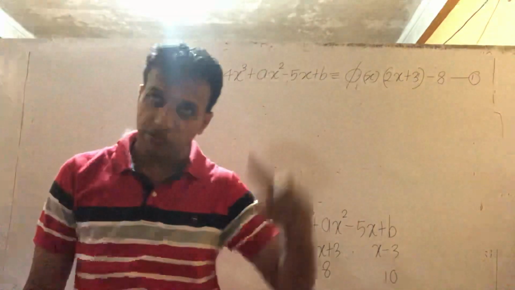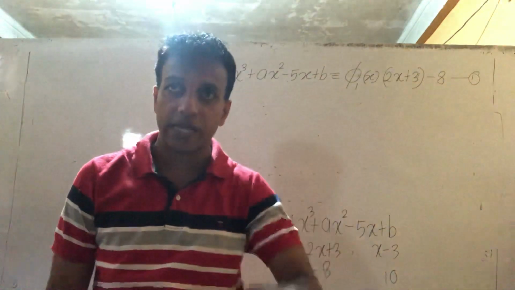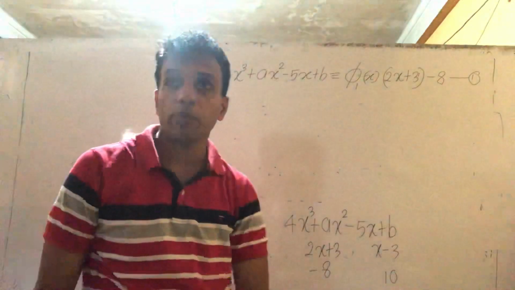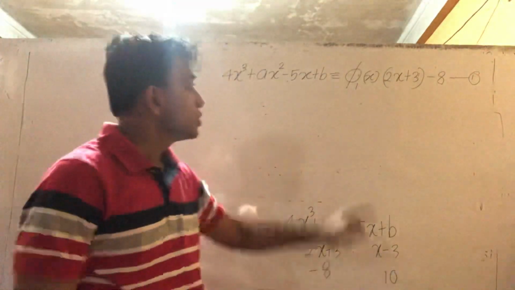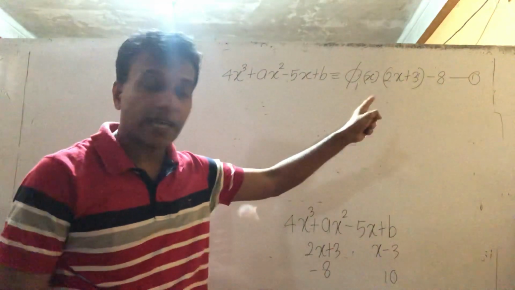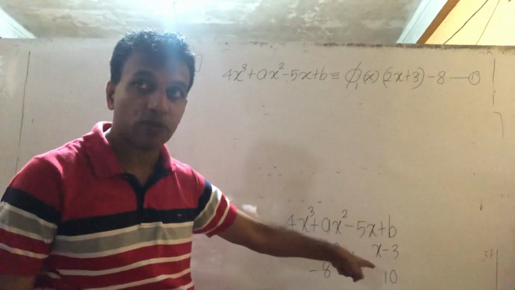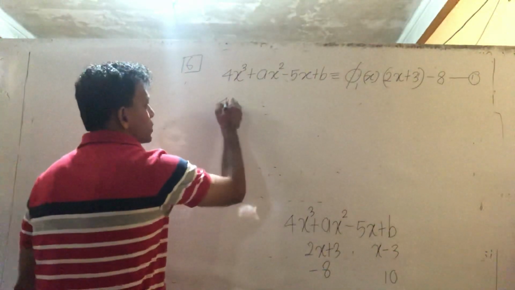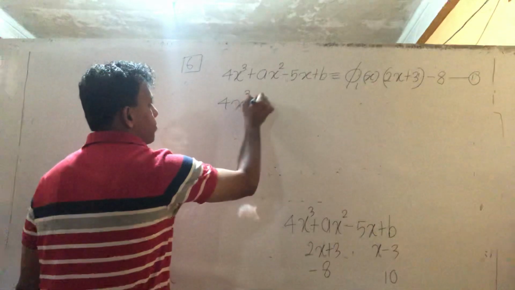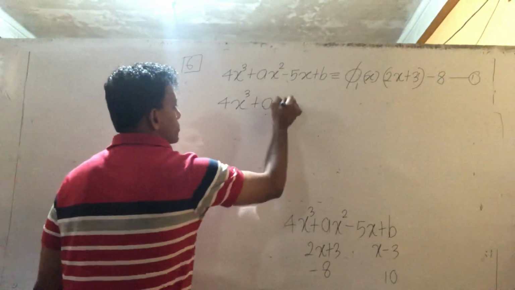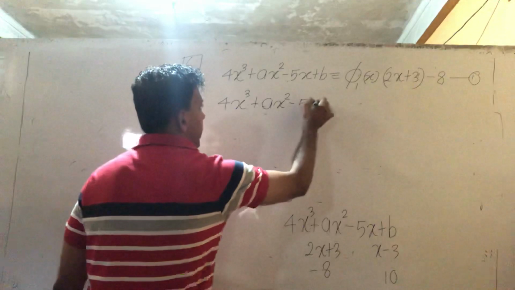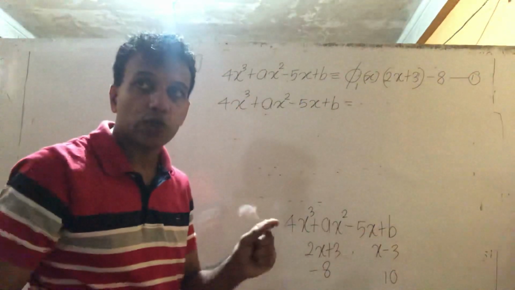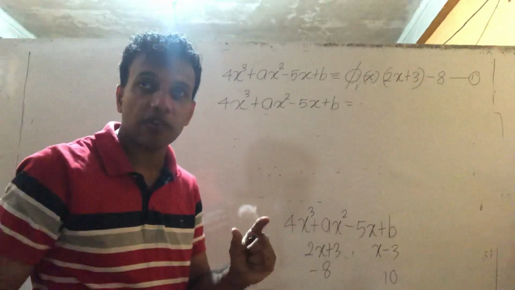Those newcomers, better finish the first video before joining this second one, because I showed many things in the last videos. I also completed some polynomial lessons through 2-3 videos. So this is the formula in this case. The same expression divided by x minus 3 has remainder 10. So write that form: 4x cubed plus ax squared minus 5x plus b equals quotient into divisor.